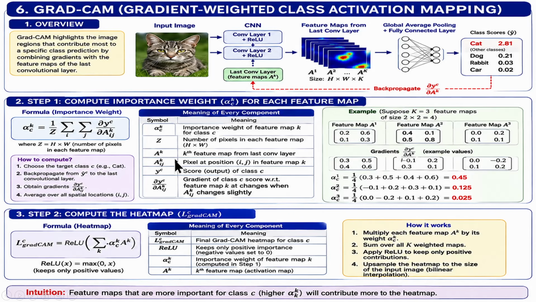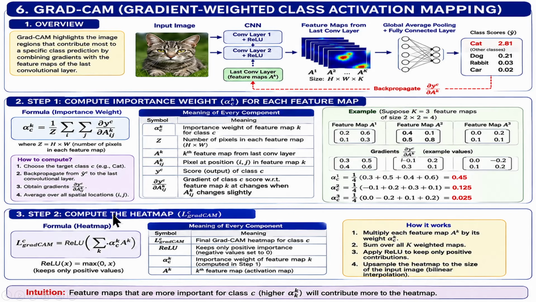AK is kth feature map from last convolutional layer. A K sub ij means pixel at position ij in feature map K. Yc is the score of the output class, and here whatever we obtain is the partial derivatives which gives us the gradients. This is the second step.